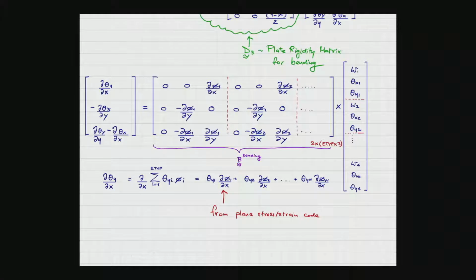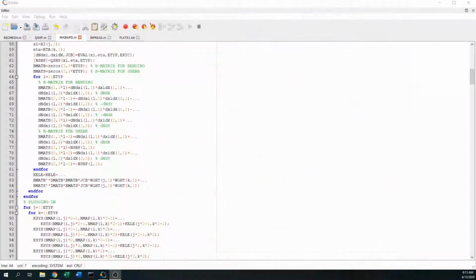For the bending part, so we have this one, row number 1, column number 3, row number 2, column number 2, and row number 3, column 2 and 3, which is this one, row number 1, column number 3 times L. So it's a multiple of the node number.